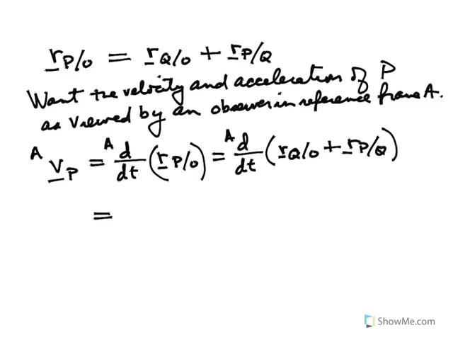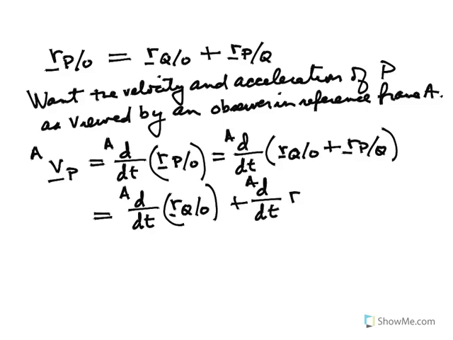Now, if we break that up further, we get that the velocity of point P in A is equal to the rate of change in A of the position of Q relative to O plus the rate of change in A of the position of P relative to Q. But remember, I said that observations of the motion of point Q are made directly in reference frame A, so there's not going to be any transport when we're looking at the rate of change of the position of Q relative to O. We're directly going to get the velocity of point Q in reference frame A. But observations of how P changes are being made in reference frame B, and we want the rate of change in reference frame A. So that's going to introduce a transport.